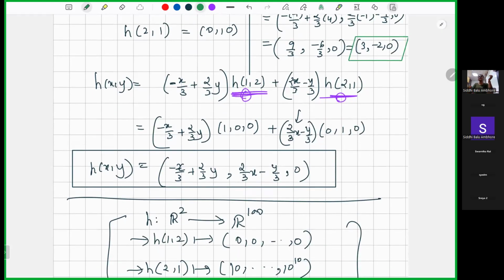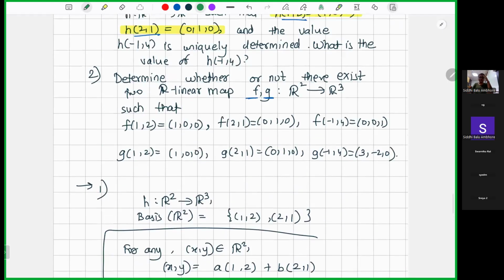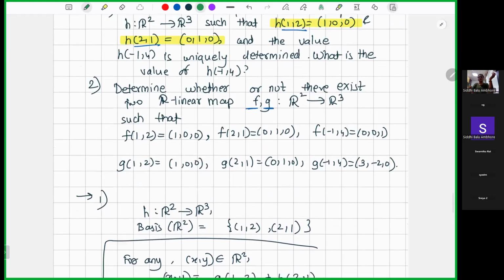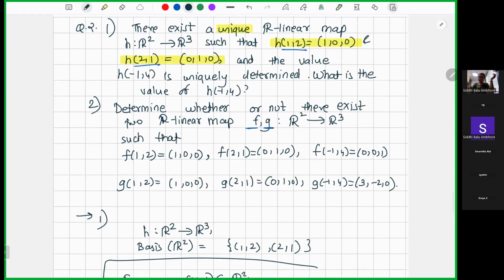So this uniqueness is there because of the basis. Because if I had given that H is something and H of 2, 4 is something, this won't give me uniqueness of H, because it's the same thing. Exactly, this will be a scalar multiple, 2 of H1.